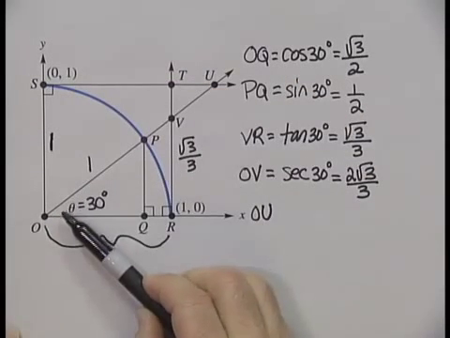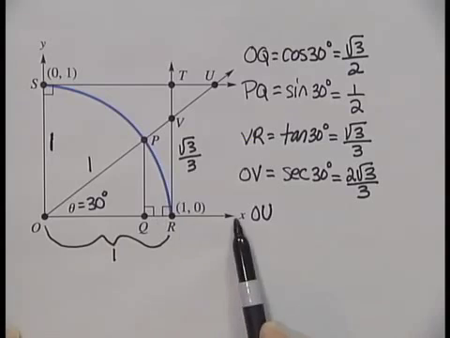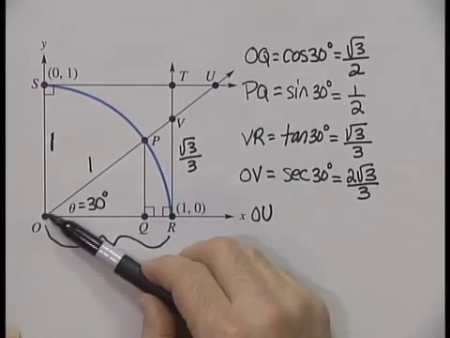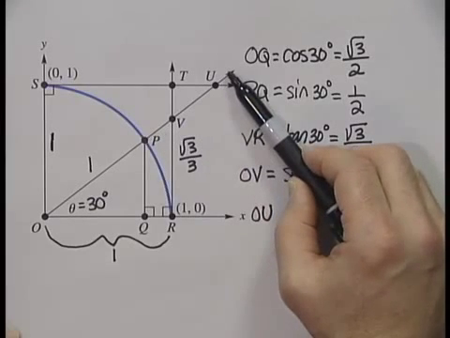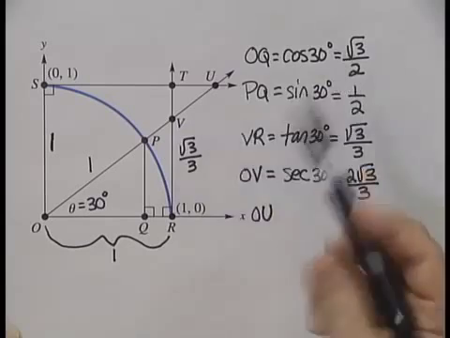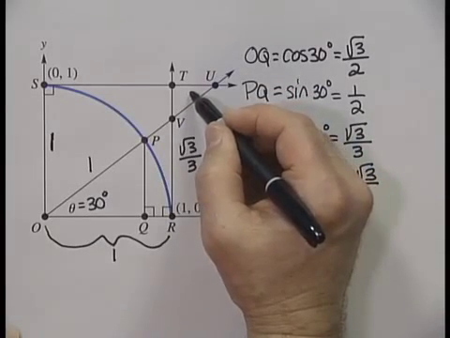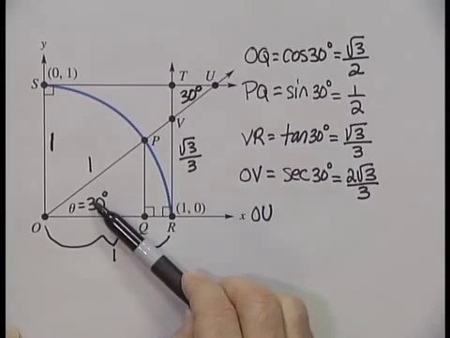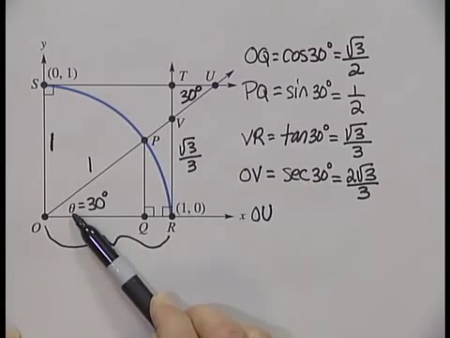Also, because this line is parallel to this line, and this segment OU is a transversal that cuts two parallel lines, we can say that the angle up in here is equal to 30 degrees because it's an alternate interior angle with theta.